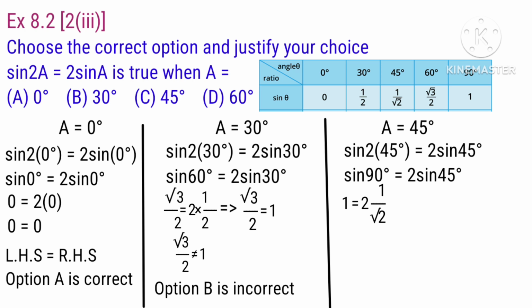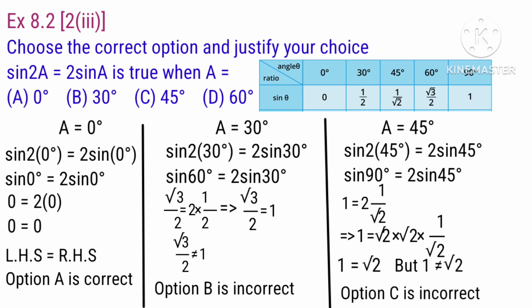And 2 we can also write as square root of 2 into square root of 2. So we'll get 1 is equal to square root of 2 into square root of 2 into 1 divided by square root of 2. So square root of 2 and square root of 2 will get cancelled. So we'll get 1 is equal to square root of 2. But 1 is not equal to square root of 2. So option C is also not possible.